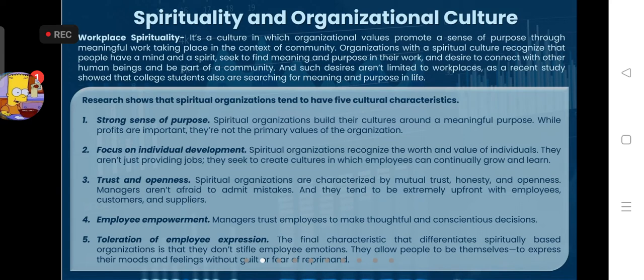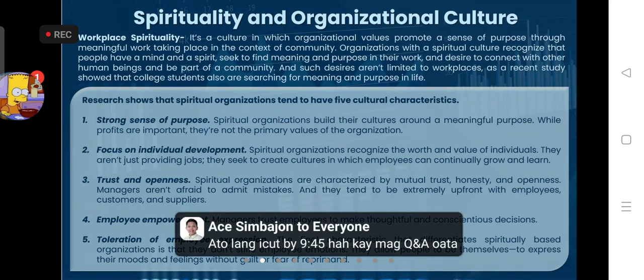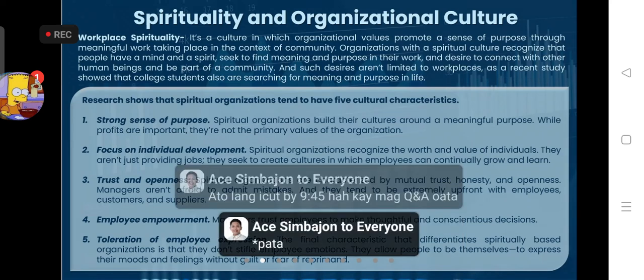So let's proceed to the toleration of employee expression. The final characteristic that differentiates spirituality-based organizations is that they don't stifle employee expression. Okay, sir.